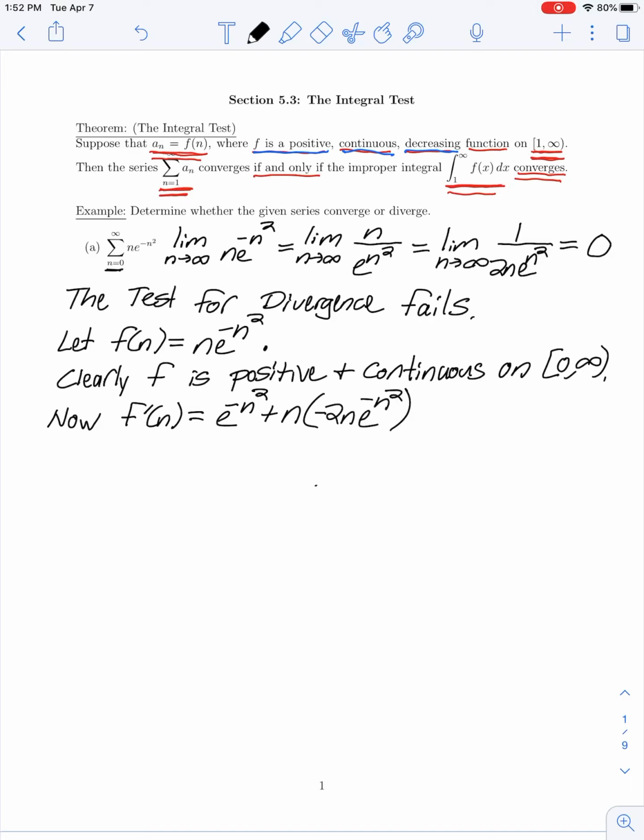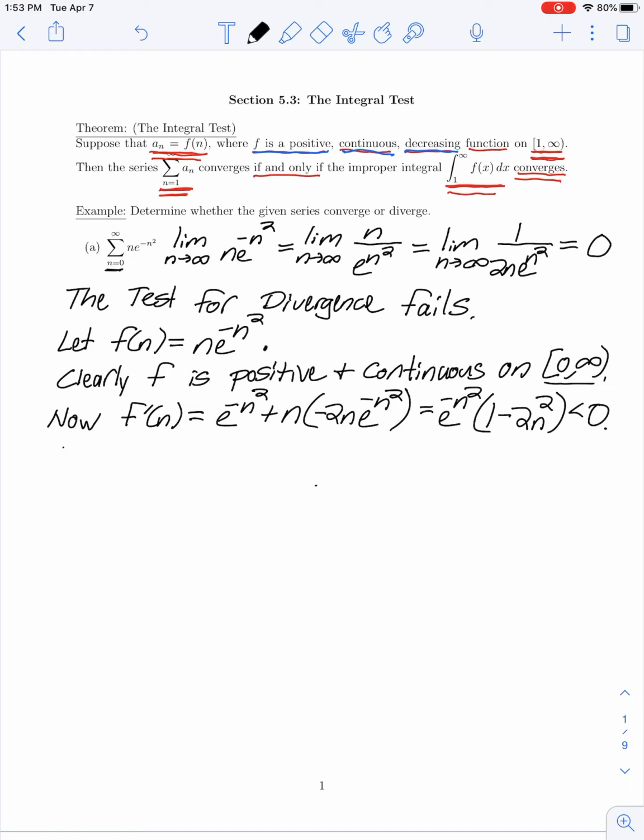Now, if we factor out an e to the negative n squared from each term, we're left with 1 minus 2n squared. And as long as n is positive, that is over the interval from 0 to infinity, we see that this expression would be negative.